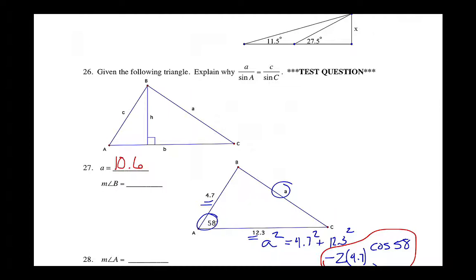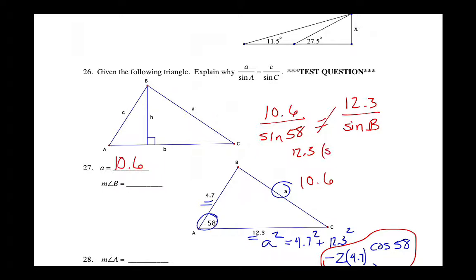Now, if I want to find an angle, I would just use the law of sines now. Because if side A is 10.6, I'm going to use a law of sines that says 10.6 over the sine of its opposite angle should equal 12.3 over the sine of angle B. I cross multiply, I get 12.3 times the sine of 58 should equal 10.6 times the sine of B. So I have to divide off the 10.6.